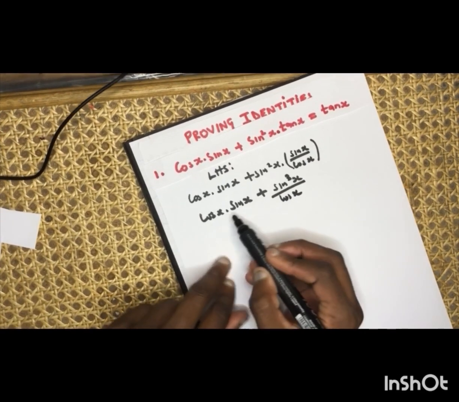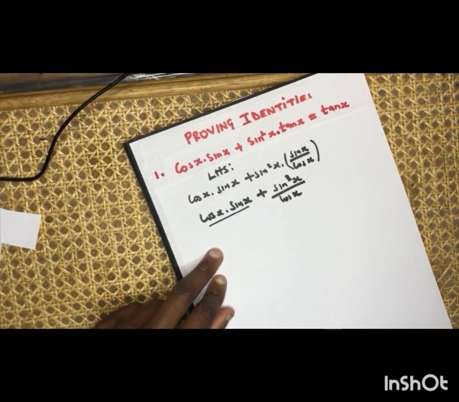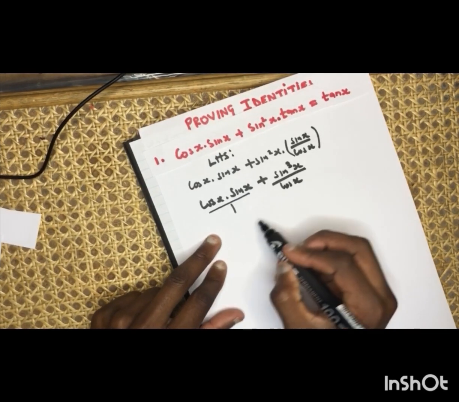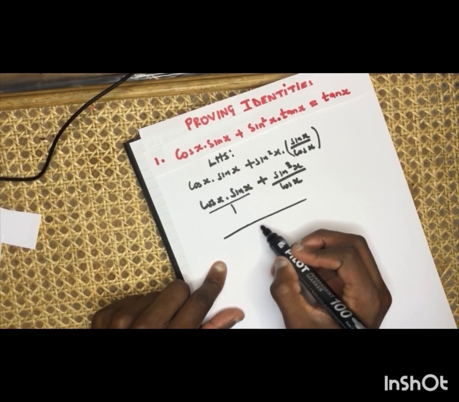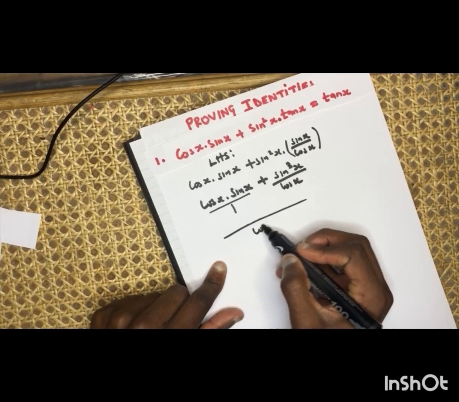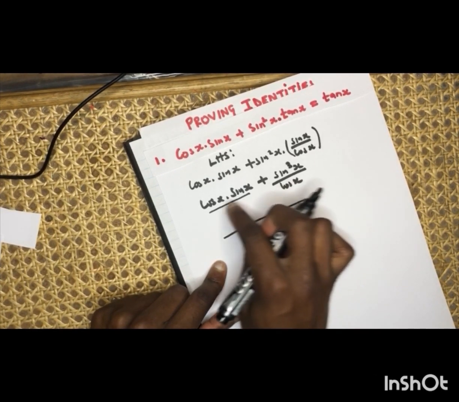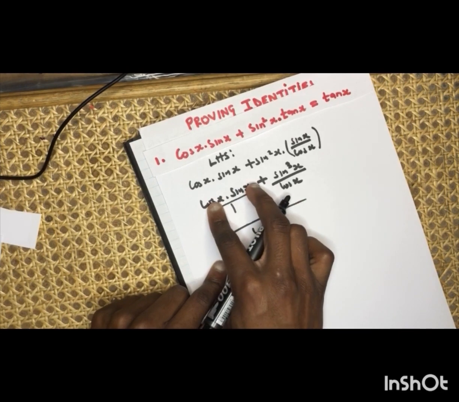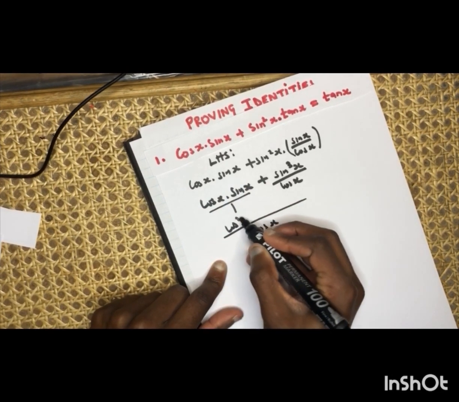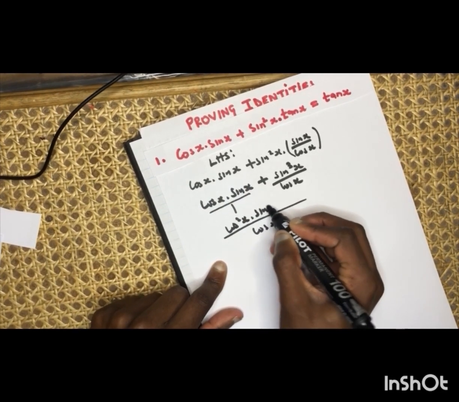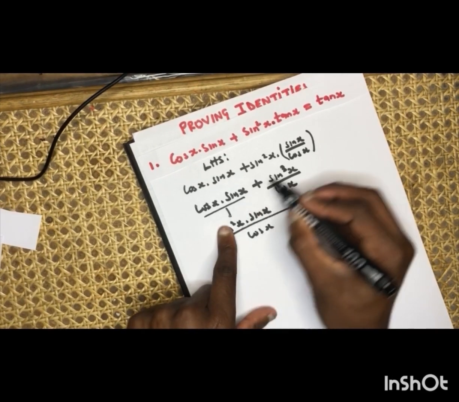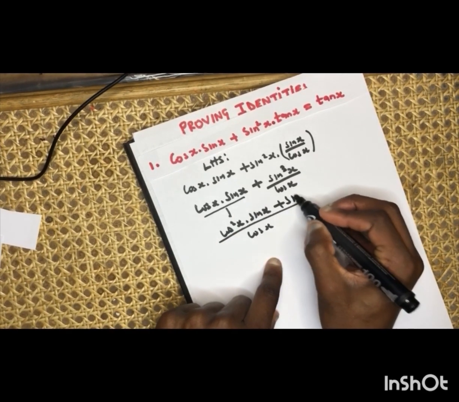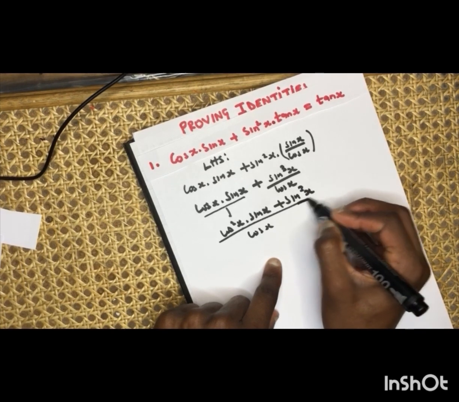cos x. Remember what we have here, it's 1. Then we multiply the denominators: 1 times cos gives cos x, then cos x times sin x gives cos squared x times sin x, then 1 times sin cubed gives plus sin cubed x.